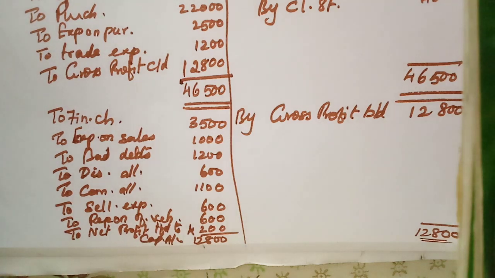Okay. Then short answer. What are final accounts? What are its constituents? In my book, page 86. Okay, what are final accounts?